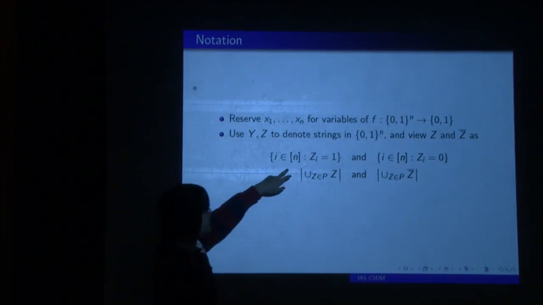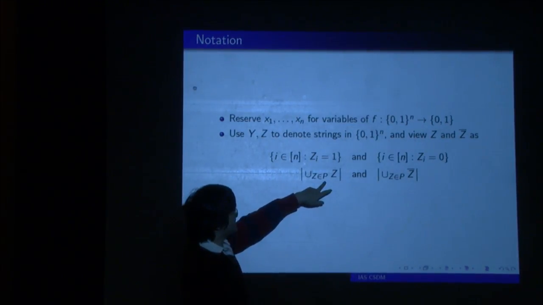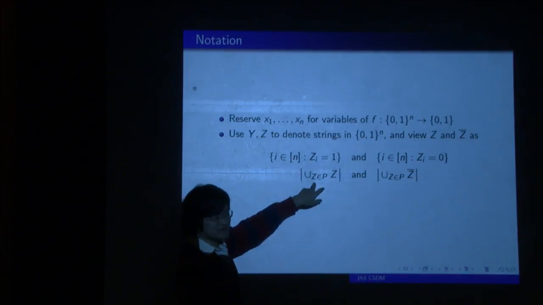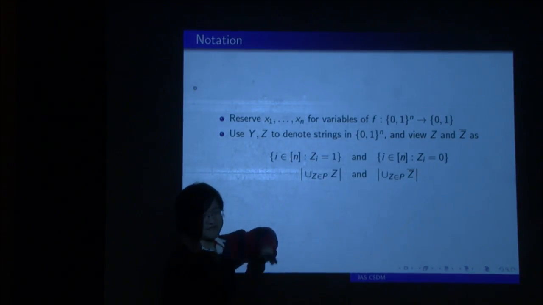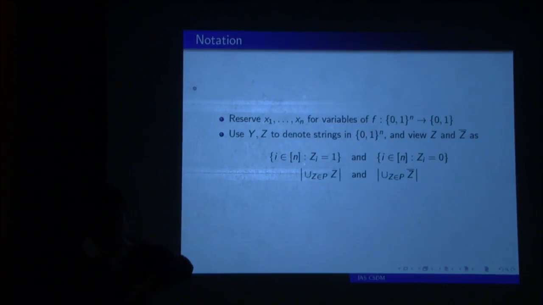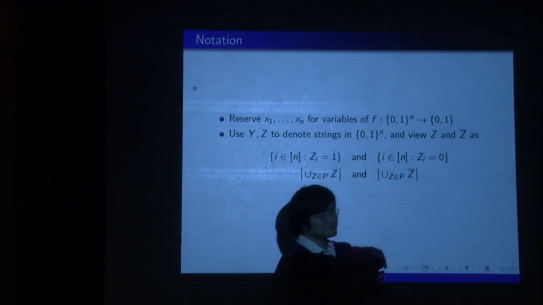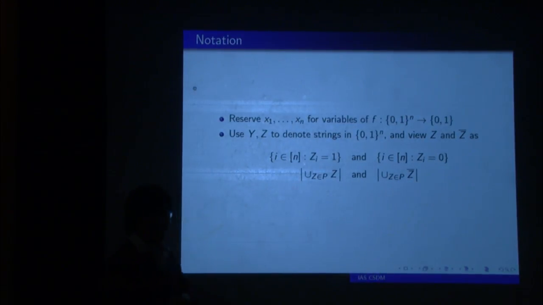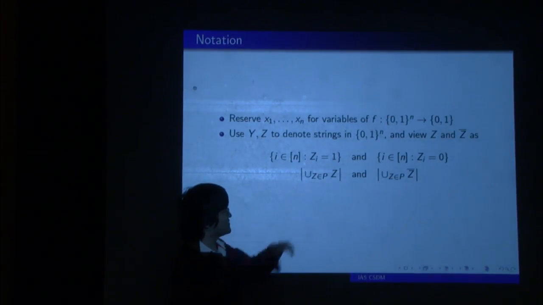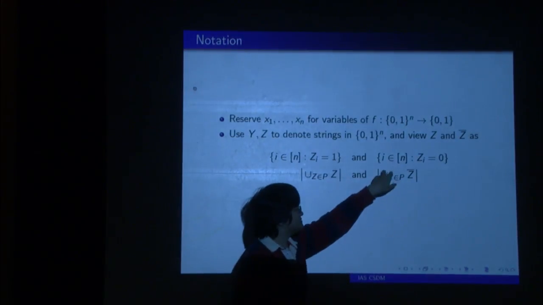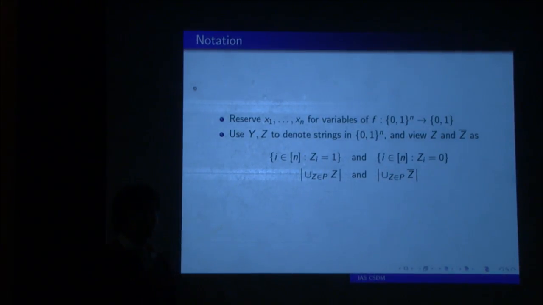Now in the talk, we'll be interested in, when I have a bunch of strings, the number of common 1 entries they have, and the number of common 0 entries they have. So I will abuse the notation a little bit and use Z to denote the set of 1 entries of Z, and Z complement as the set of 0 entries of Z. This allows me to write down the common 1s and the common 0s of strings in P using this notation.